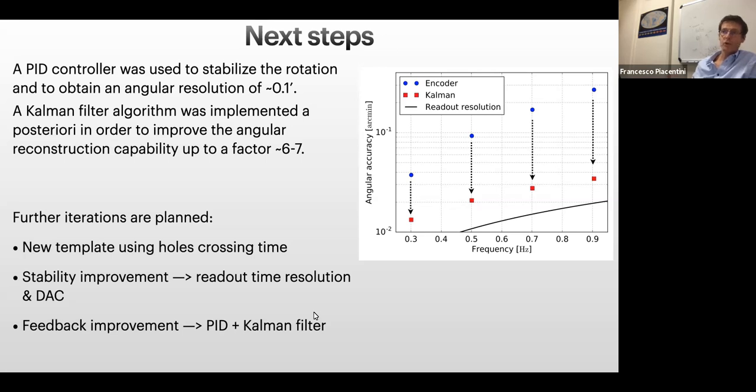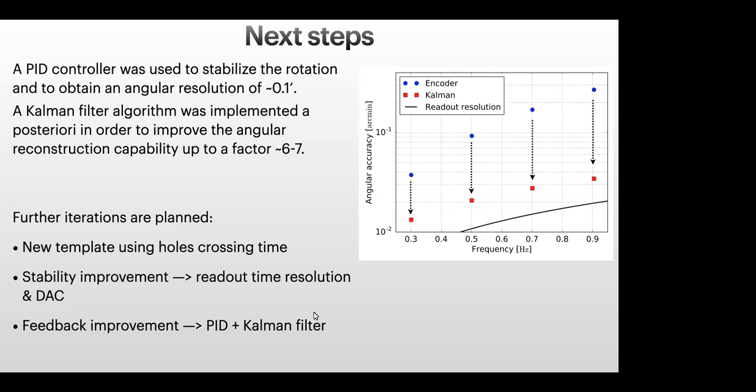So you're trying to do that. You think you can have some improvement this way? Yeah, I think yes. I think it will also be important to implement a Kalman filter in the analysis of the data.